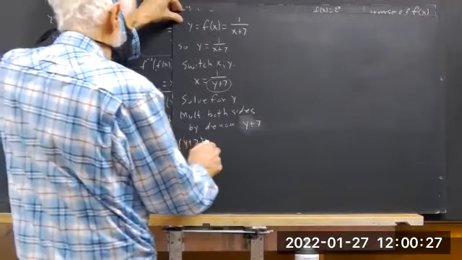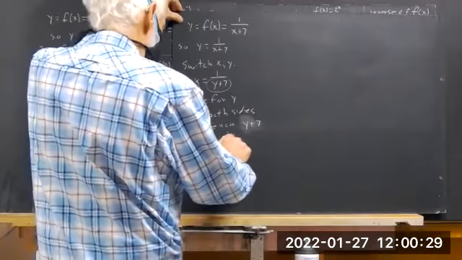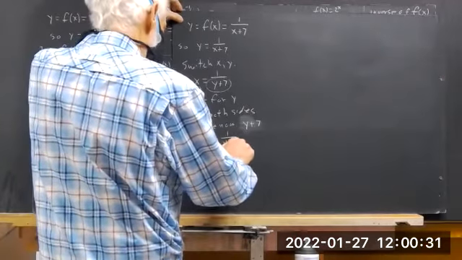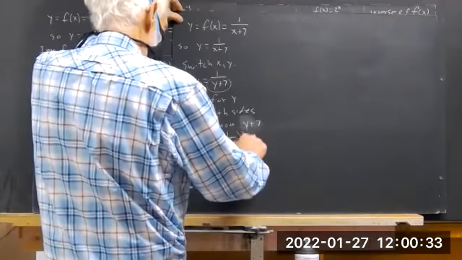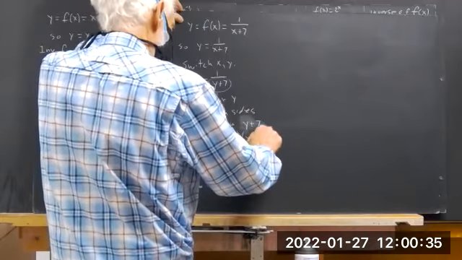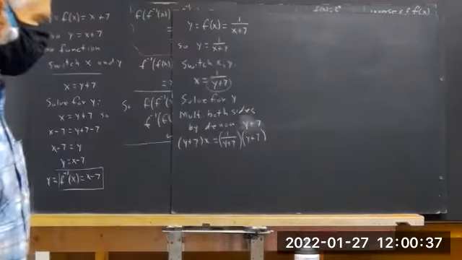So y plus 7 times x equals 1 over y plus 7, multiplied by y plus 7.